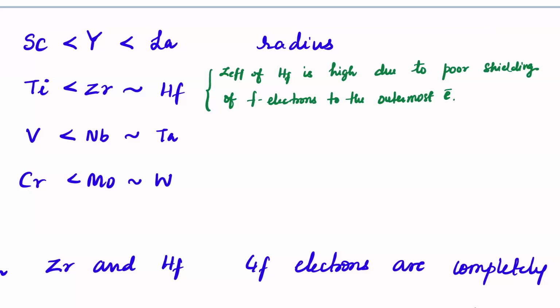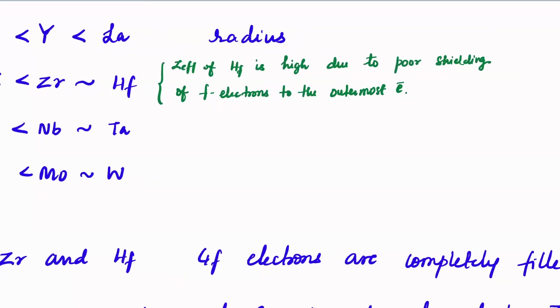Guys, why am I so concerned about the outermost electron? Because that itself will define the size. The size of an atom is defined by the outermost electron, that is, how far the outermost electron is spread. That's why we are always bothered about discussing the outermost electron. Clear?